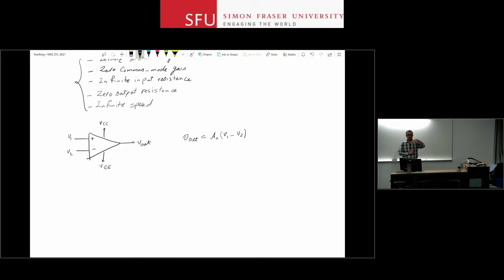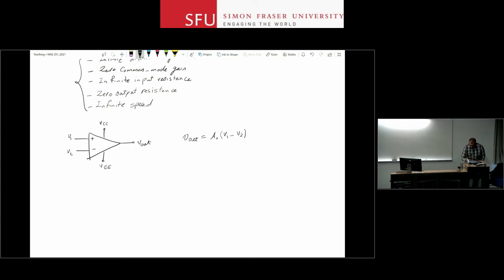So the voltages can never increase or go beyond VCC, or they can never drop below VEE. So V out is bound. It has a finite value, right? So if VCC and VEE are plus or minus 5 volts, V out is going to be between those values.